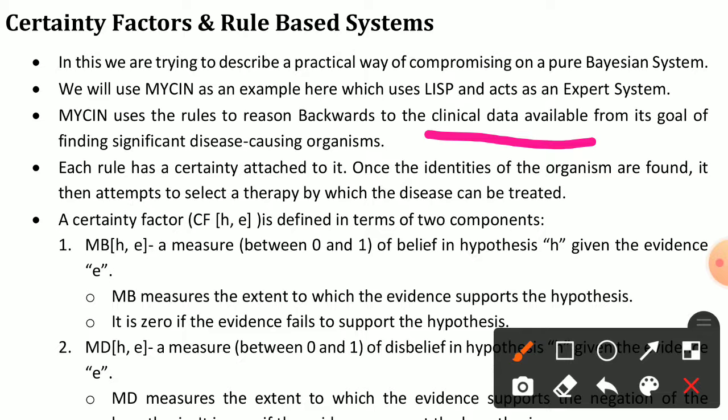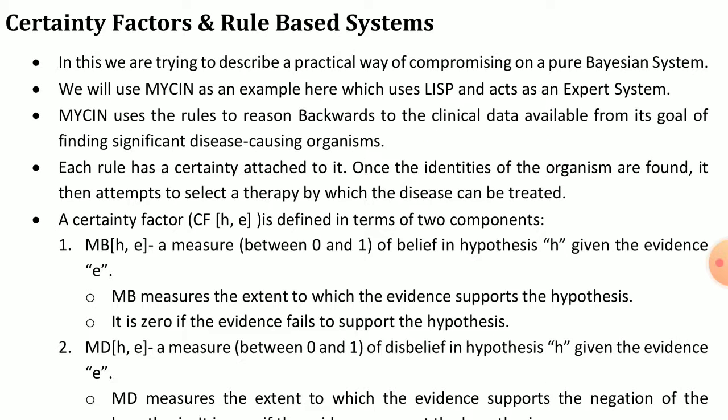Then each rule has a certainty attached to it. Once the identities of the organisms are found, it then attempts to select a therapy by which the disease can be treated. Now here the rules are given, and we can attach all the reports.